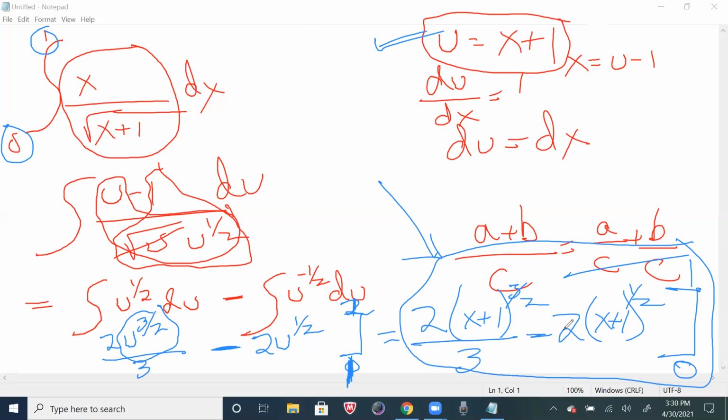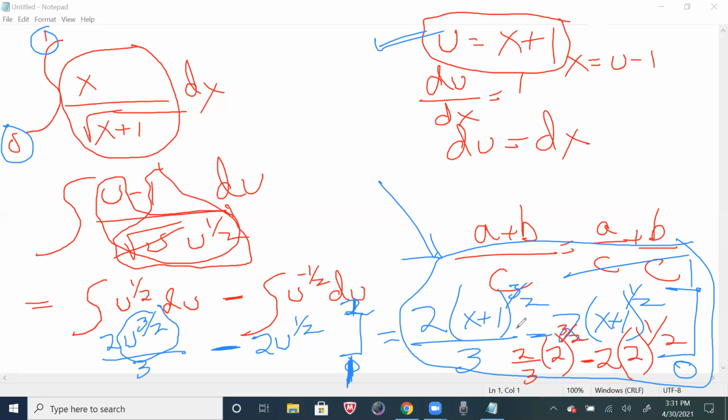So this answer becomes 2/3 minus 2. I guess there's a little bit more to it than that, but let's see. If I substitute 1, yeah, it's a little harder than that. It's going to be 2/3 of 2 to the 3/2 minus 2 times 2 to the 1/2.